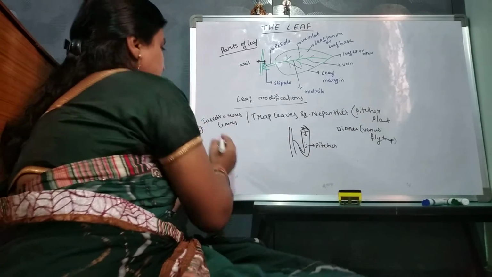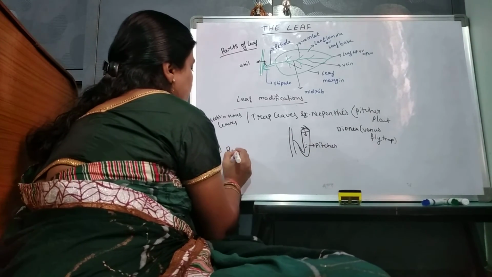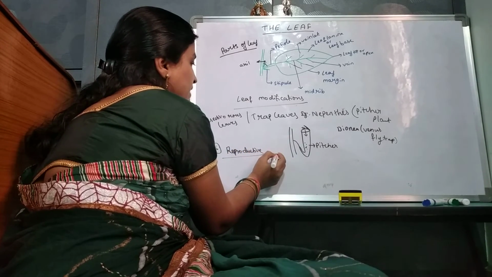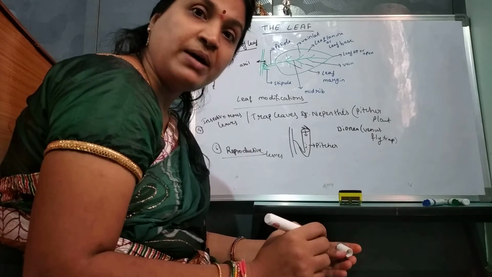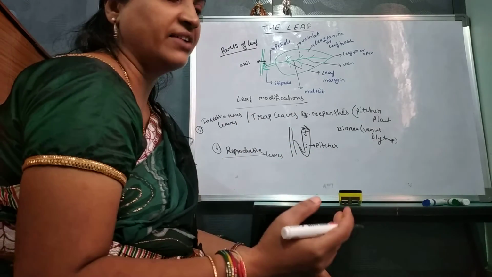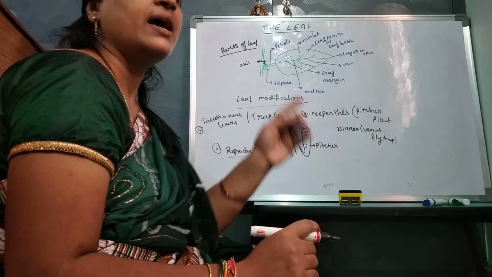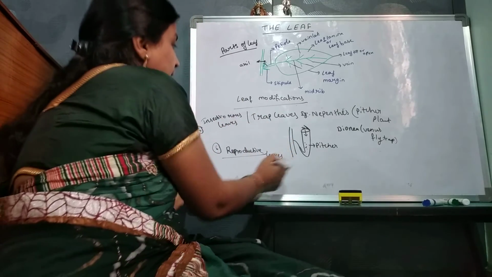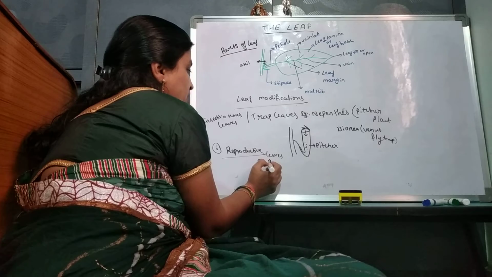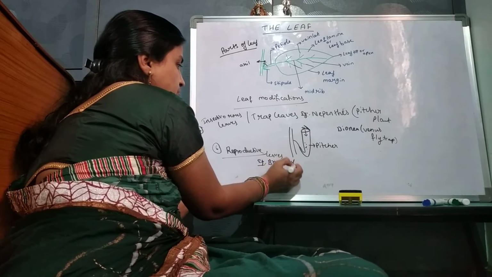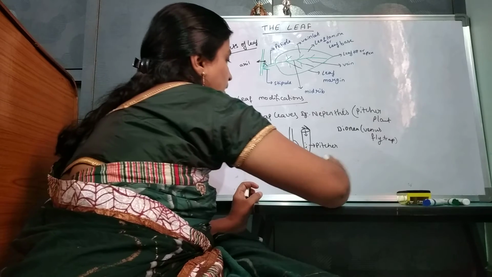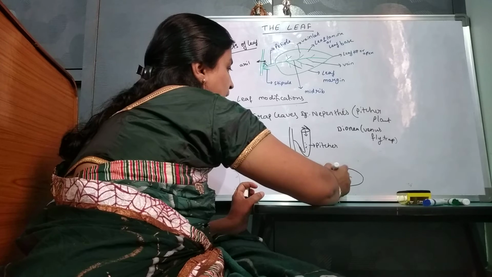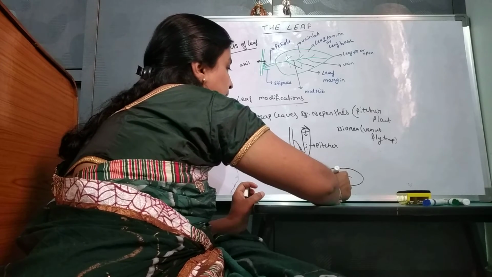Then after that, reproductive leaves. Sixth one is reproductive leaves. Actually the leaves are vegetative parts. They perform photosynthesis. They are the food factories. But here in some plants, the leaves perform the function of reproduction, vegetative reproduction. In which plant? Bryophyllum. In Bryophyllum, the leaf is going to have the buds, which are called as epiphyllous buds.